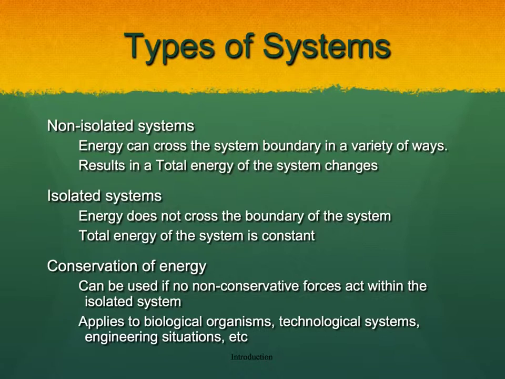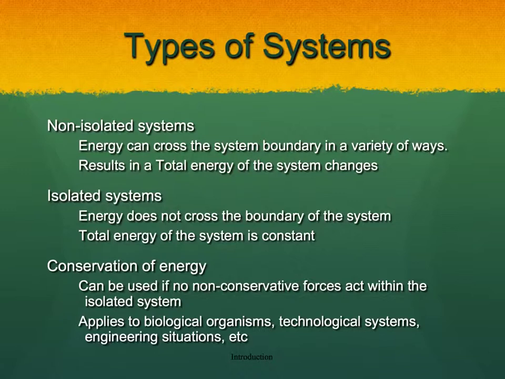So in a non-isolated system, we can have energy that's passing through the system boundary, and it can happen in several different ways. It could happen through electrical transmission, through heat, through mechanical waves, through electromagnetic radiation. So there are a lot of different energy paths that can change that total energy for that system.